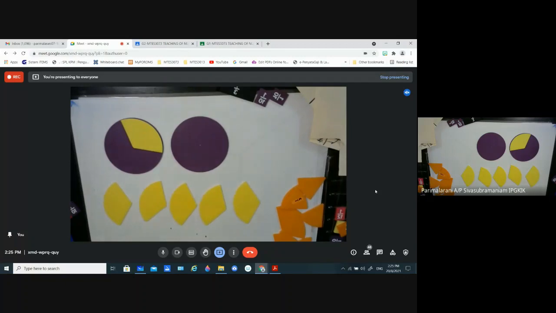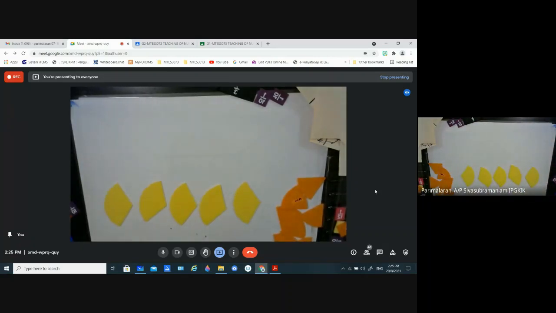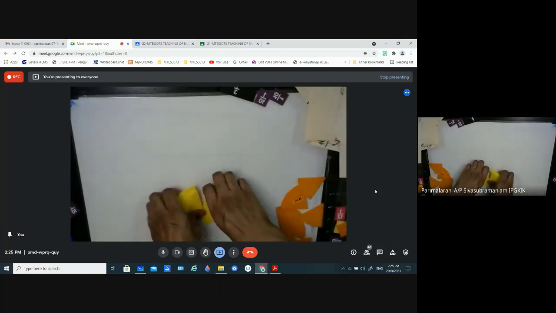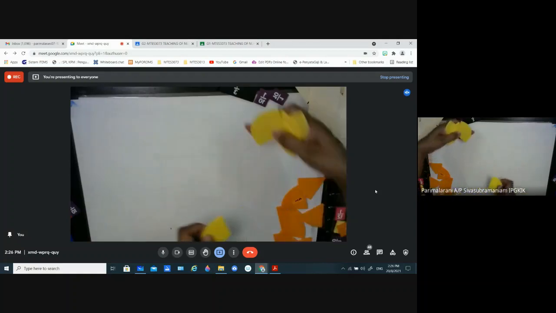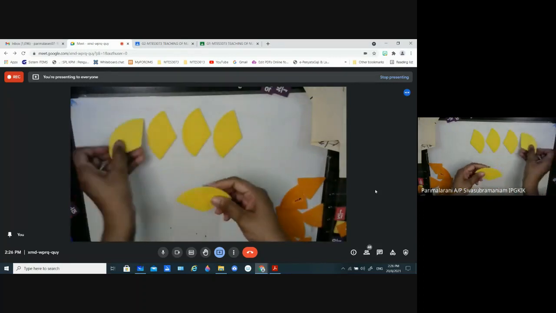So how do we convert improper fractions to mixed numbers? Supposing you have an improper fraction 5 over 3, 1, 2, 3, 4, 5.